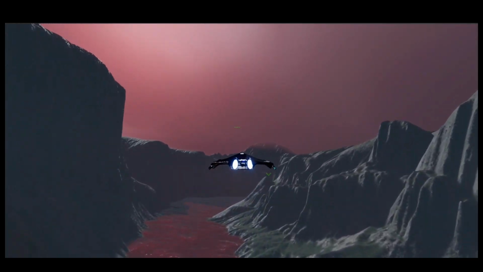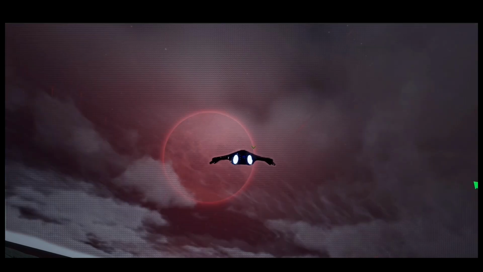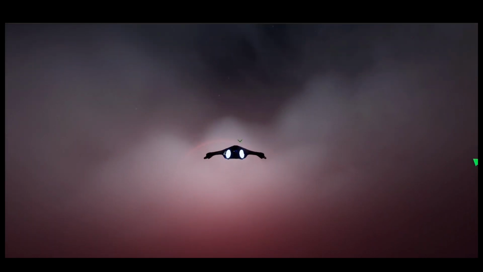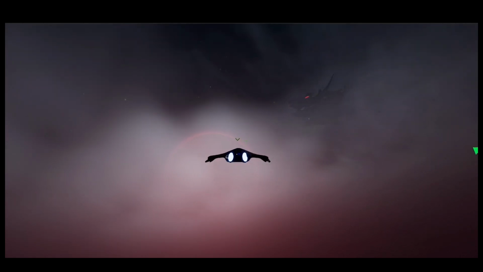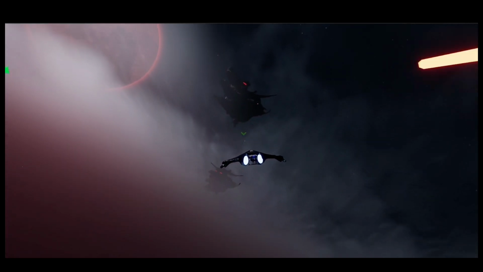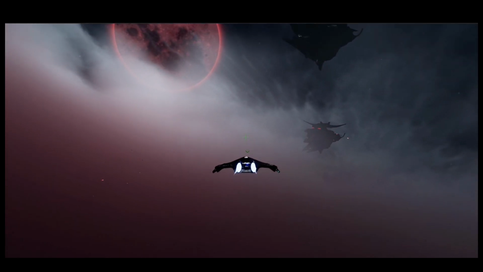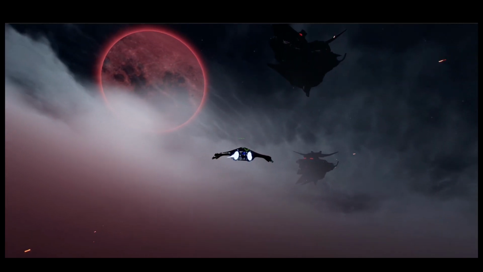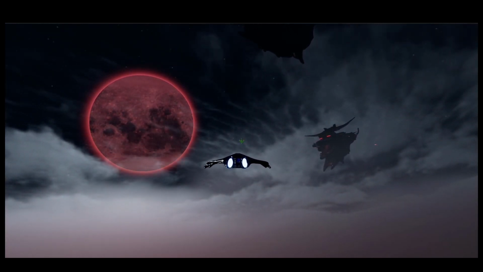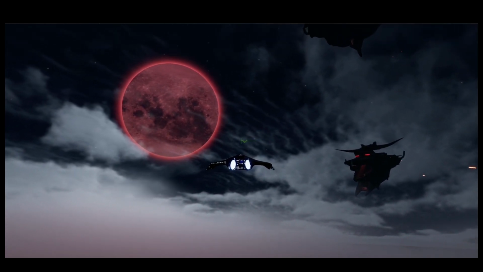Target destroyed. Nice shooting, Captain. Thanks, Rusty. Now let's get out of here. Enemy destroyers detected, Captain. I recommend taking evasive action. Charge up that jump drive, Rusty. We are leaving. Initiating jump in 3, 2, 1.